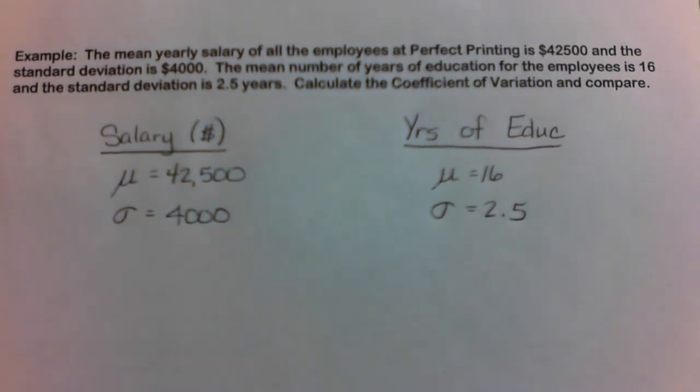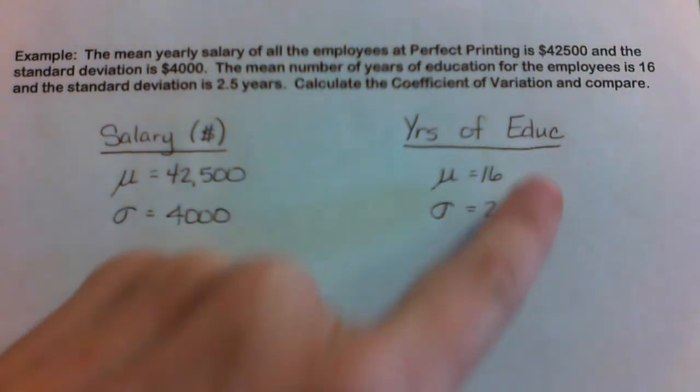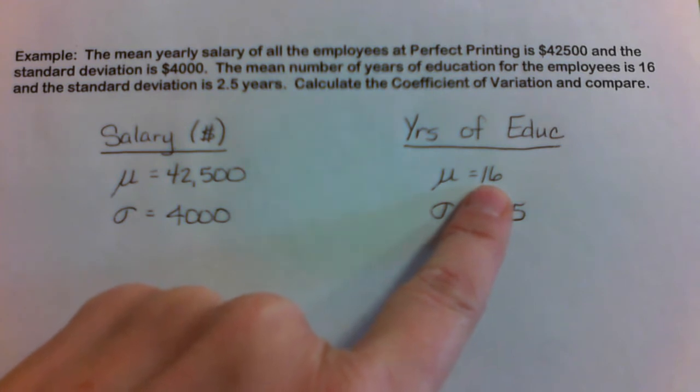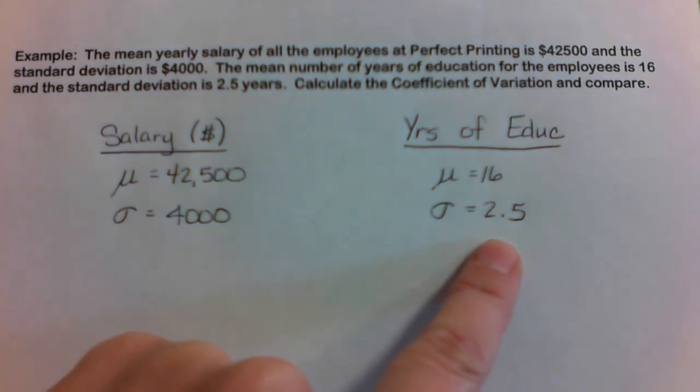It says the mean yearly salary of all the employees at Perfect Printing is $42,500. So notice here is my salary, which is money. There's the mean, and the standard deviation is 4,000. And the mean number of years of education for the employees, so years of education, on average or mean is 16 with the standard deviation of 2.5.